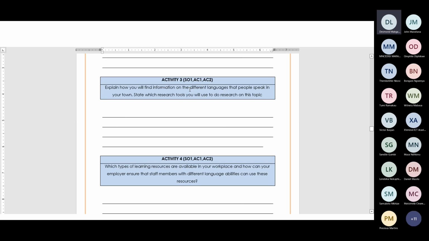So interestingly as well, the conversation around languages comes right into your assessment there. How will you find information on the different languages that people speak in your town, state, which research tools you will use to research on this topic? So that's where I go all the way and I say language in itself is a very important thing.